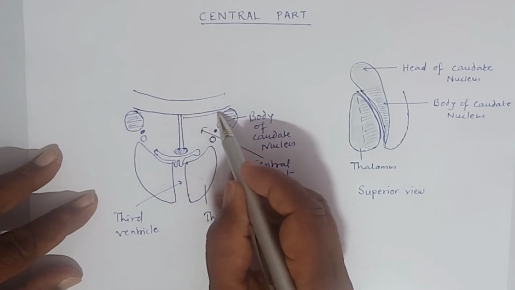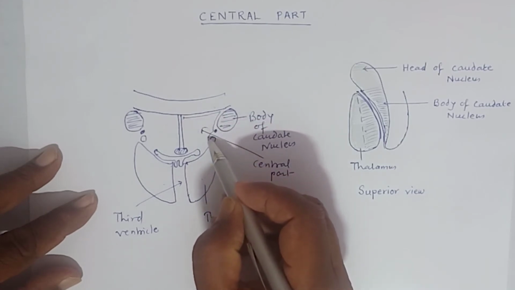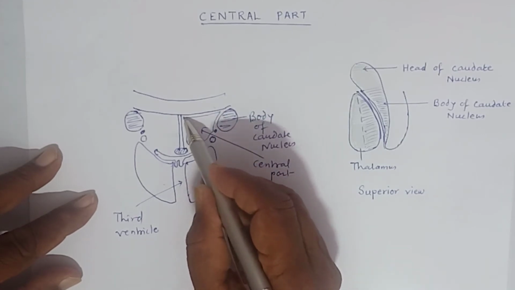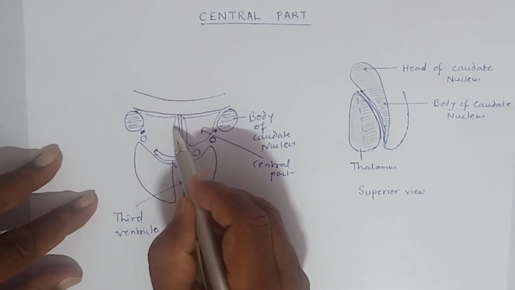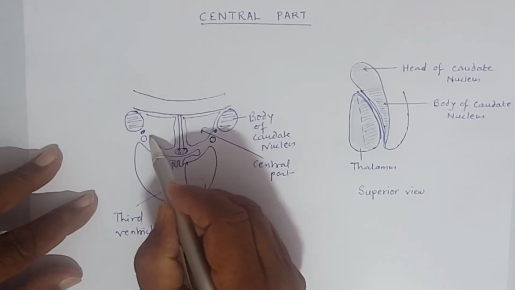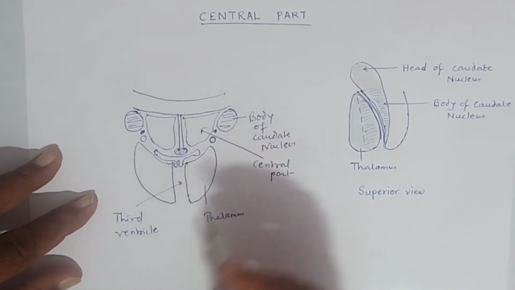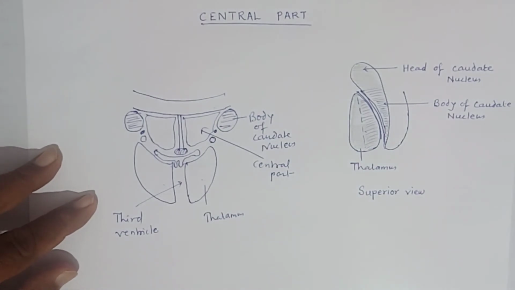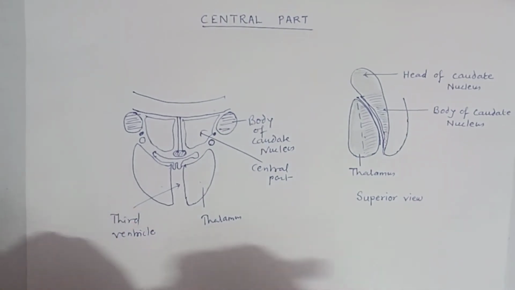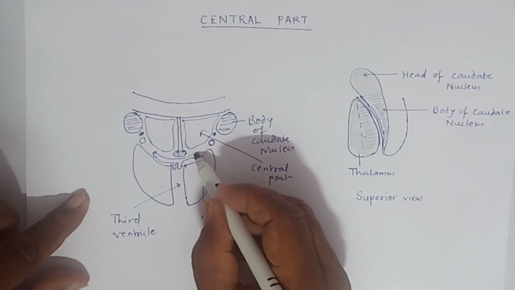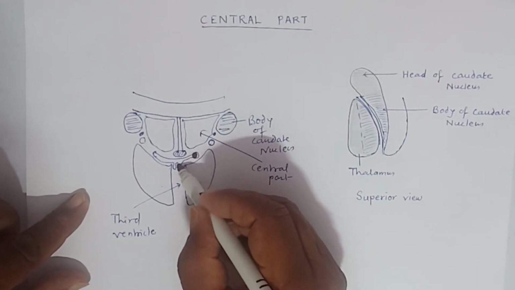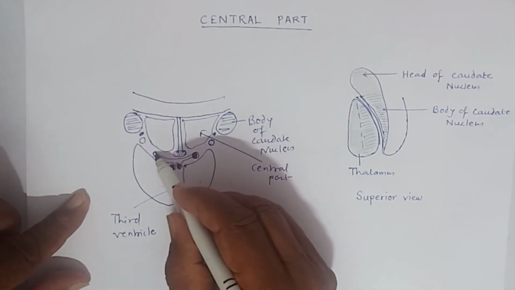The cavity is lined by ependyma. In the tela choroidea, we can see the choroid plexus.